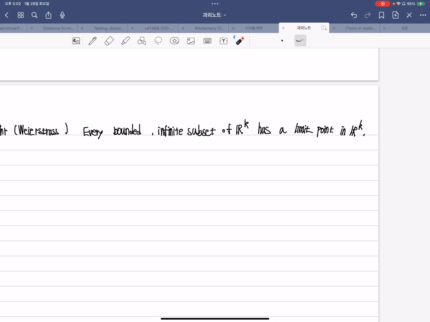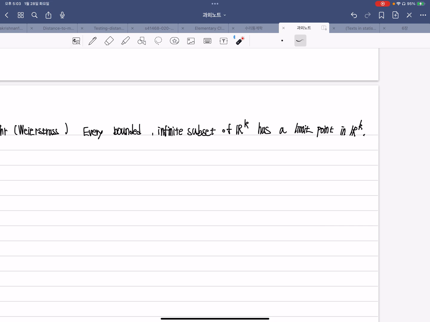Any bounded and infinite subset of Rk is contained in a k-cell. So this set has a limit point in the k-cell.